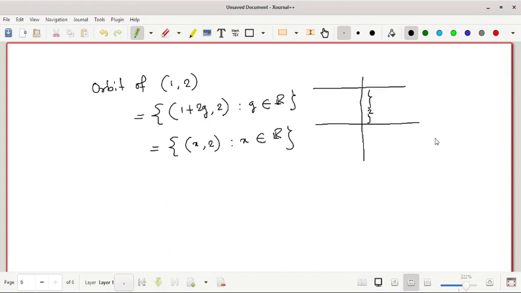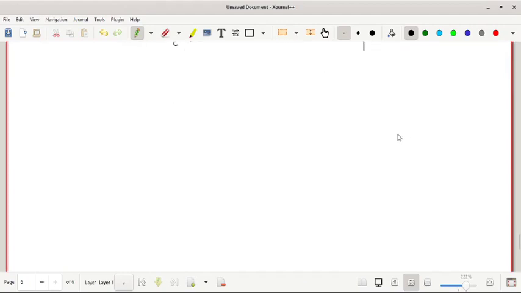Is the action transitive? In order to get transitivity, what to check? If you are given any two elements, say (a, b) and (c, d), then there must exist some g such that g dot (a, b) is equal to (c, d).